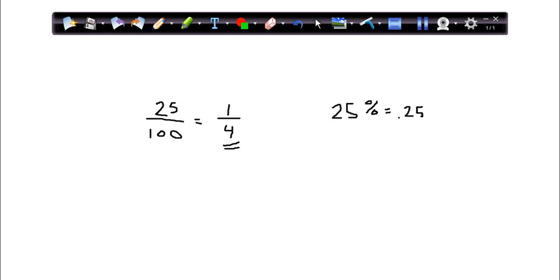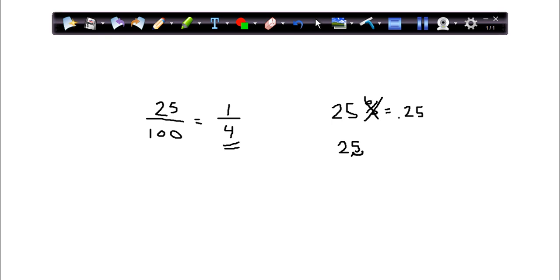So 25% is equal to 0.25. How do we get this to a decimal? Well, all we did was take 25%, right? And you drop the percent sign. And then you take the decimal 2 places, as your book tells you, to the left.